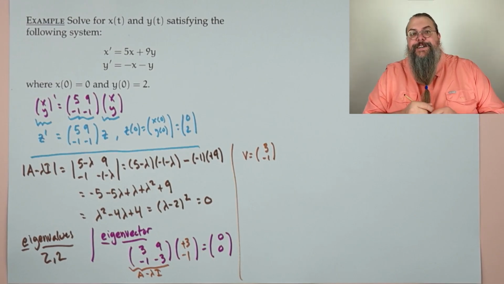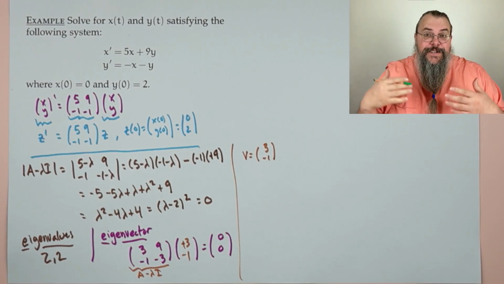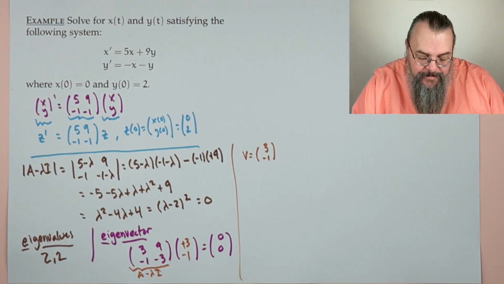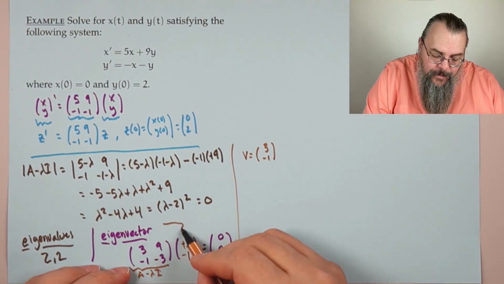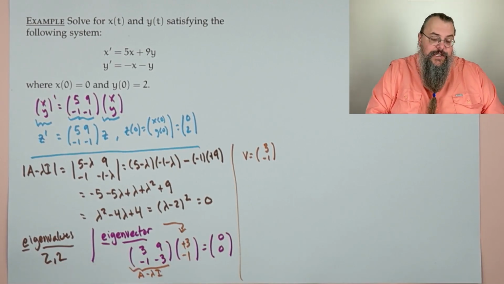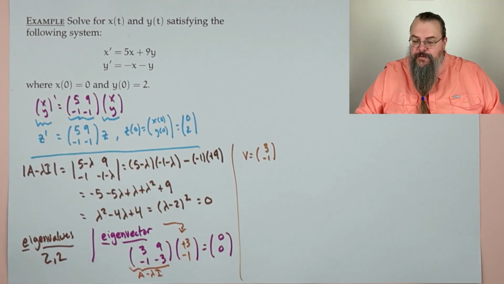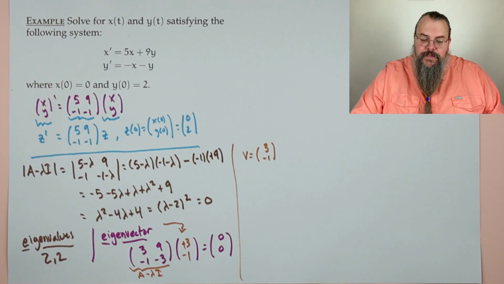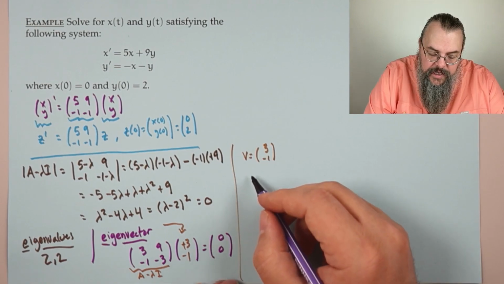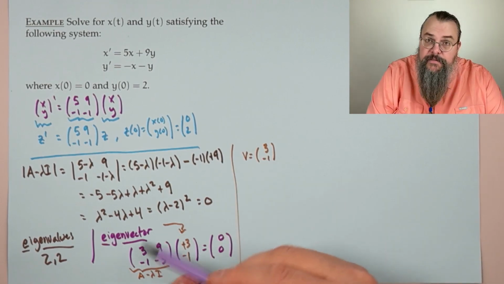Now, we need to find our second solution. Because we have our eigenvector, we only get one solution. Our second solution is going to come from doing what we've been talking about, where we say, okay, well, at this stage, we're going to take our a minus lambda I, which we already have.